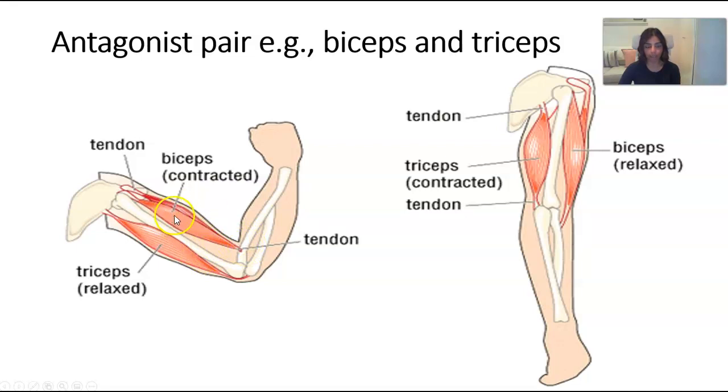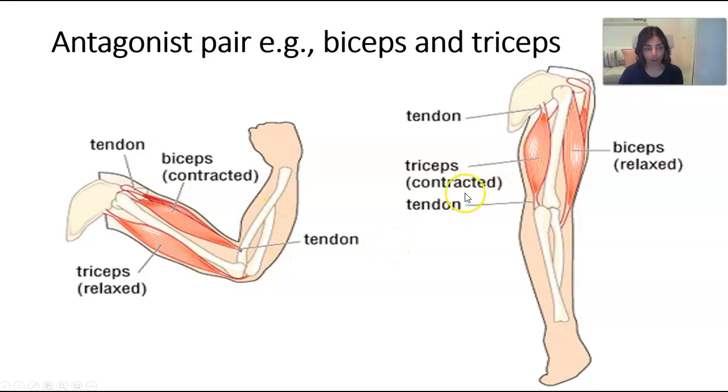When that biceps is contracted, you can see that on the other side, the antagonistic muscle, the triceps muscle, is relaxed. Again, you can see the origin on the scapula, and you can see the insertion on the ulna, which is underneath the radius. So the ulna here and the radius.